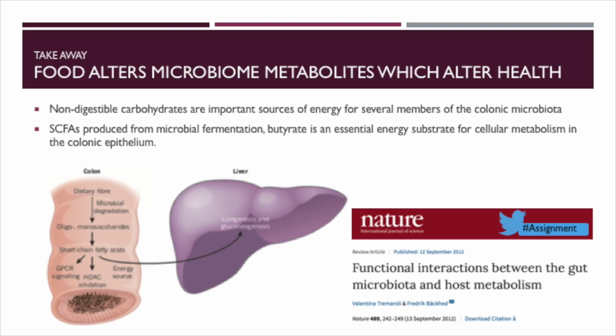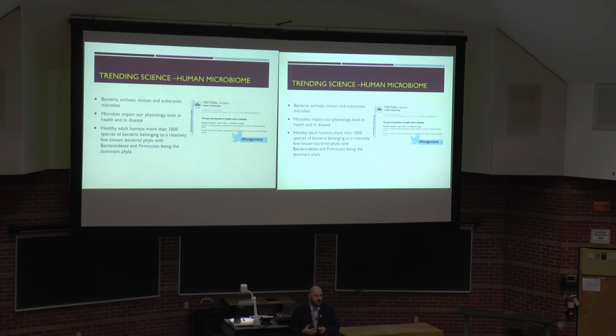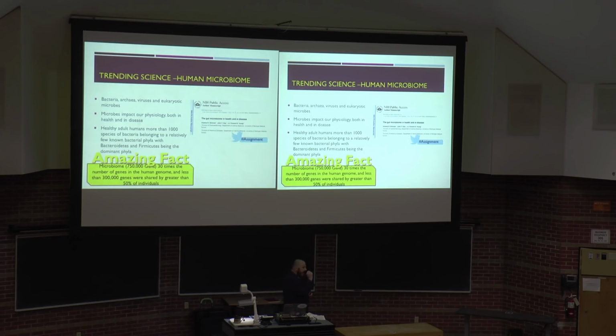And again, the healthy adult can have as many as 1,000 species. There's really 300 or 400 that are really relevant. But again, a population of 0.1% of your microbiome can have a massive impact on your health. We're starting to understand. So again, there's a lot of important interactions between the microbiome and the human body.